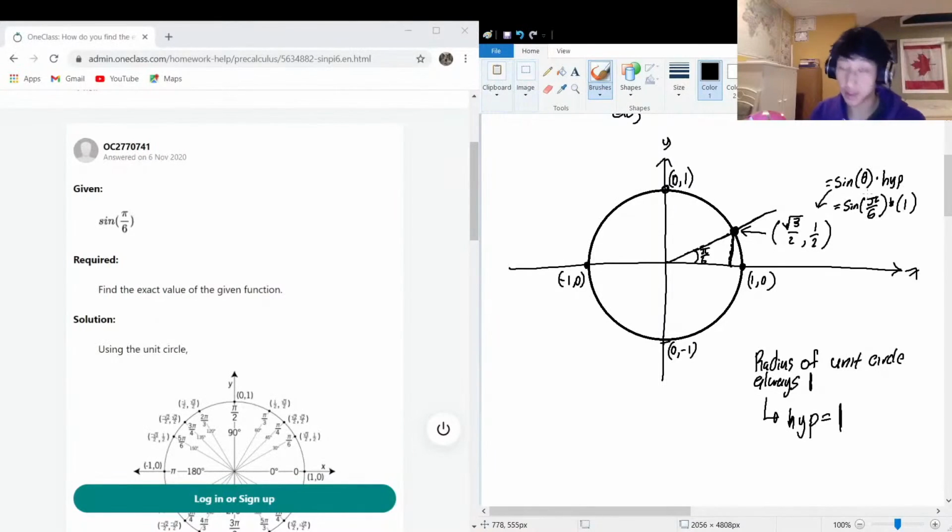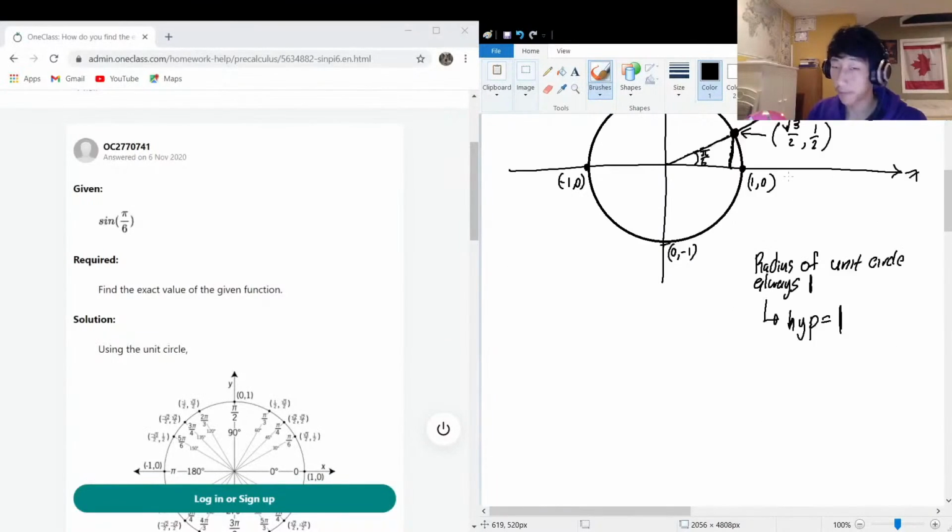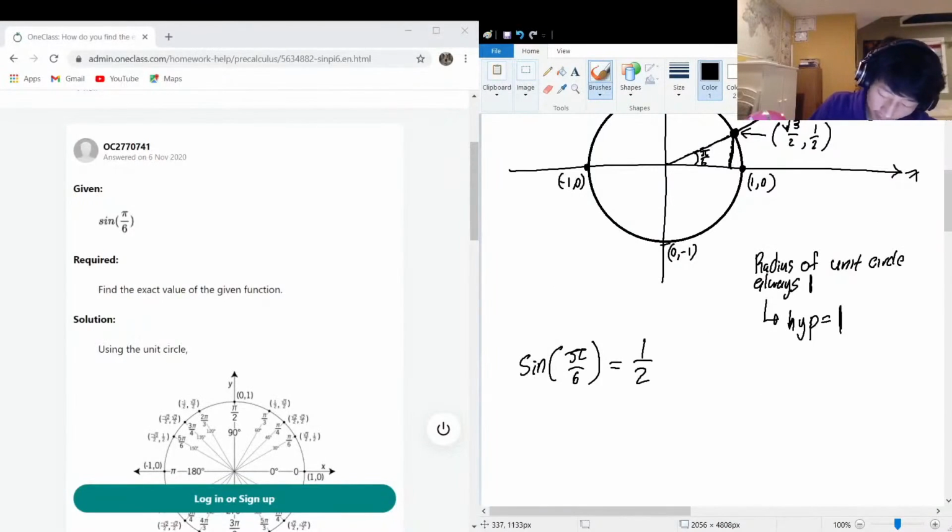So you can see the actual result of sine of pi over 6, because we're just multiplying by 1. It's 1/2. So yeah, it really is that simple. Equals 1/2. Also sine 30 degrees.